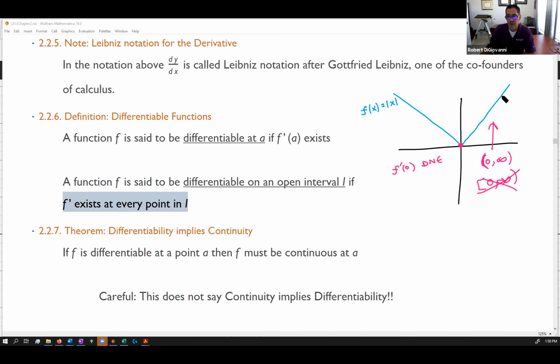The derivative exists everywhere over here, and the same goes to the left of 0. I can talk about the slope of the tangent line at all these points. So to be differentiable on an open interval just means that you are differentiable at every point inside.